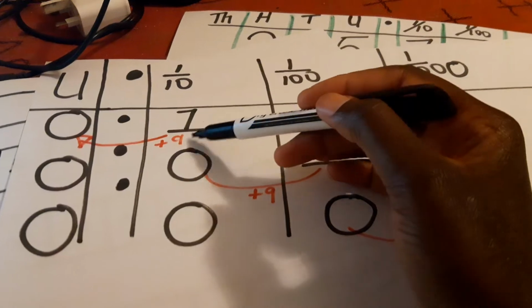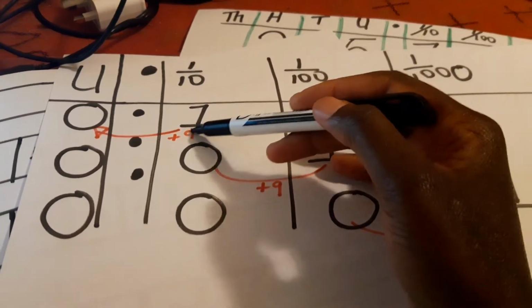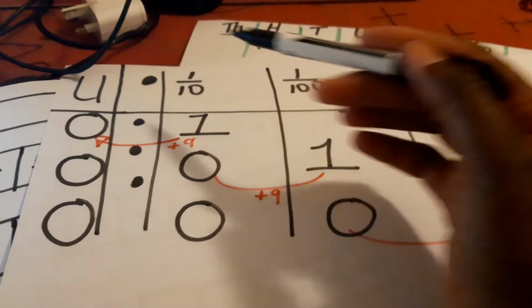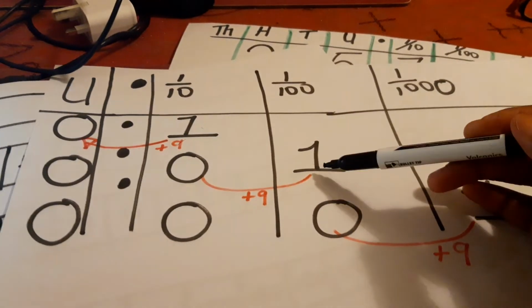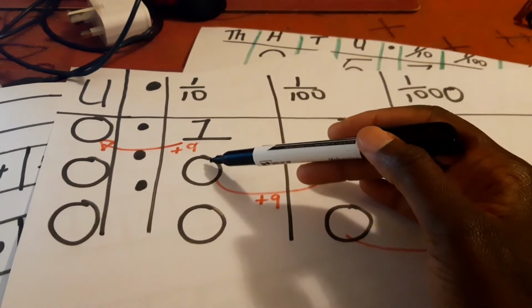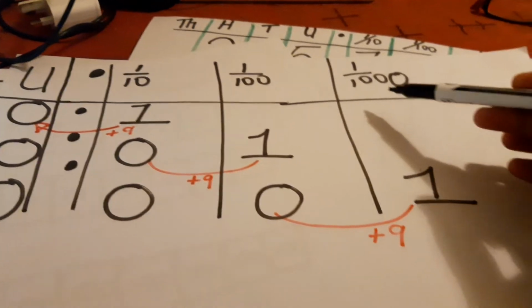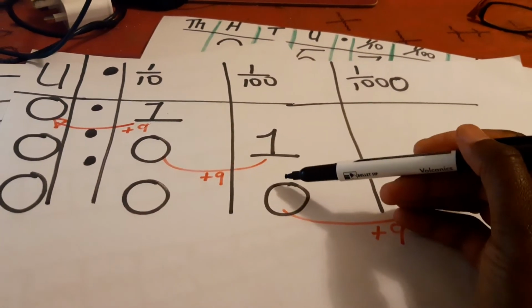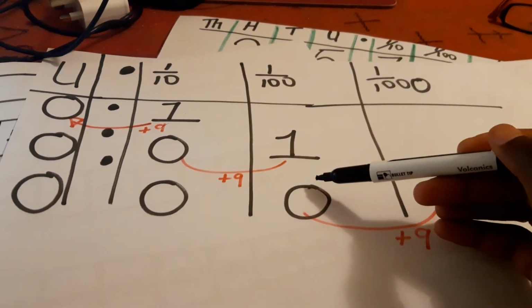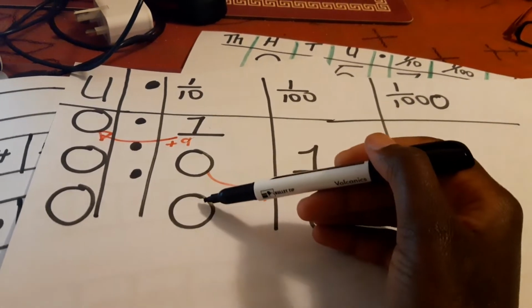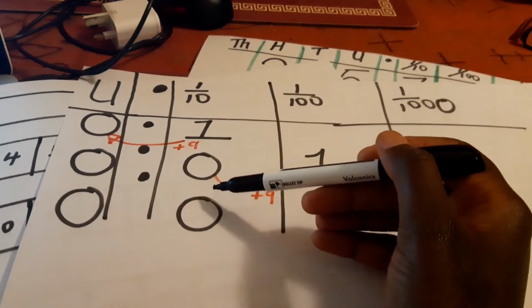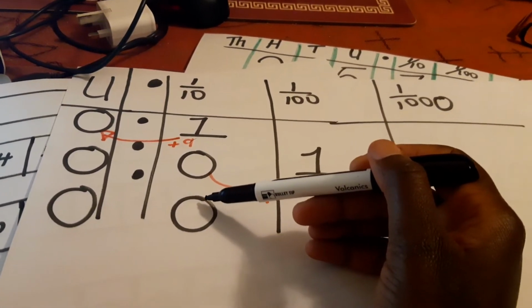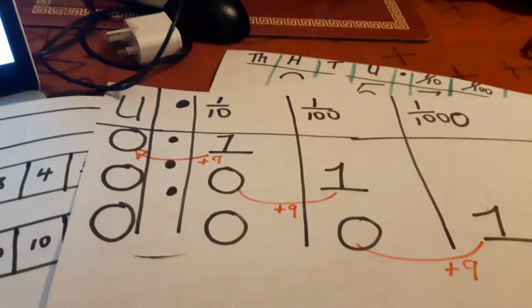Okay. You need 10 tenths to make 1 whole. And then you need 10 hundredths to make 1/10. And then you need 10 thousandths to make 1/100th.